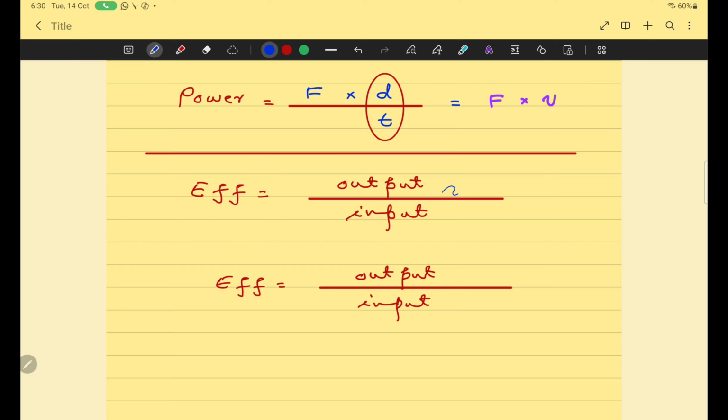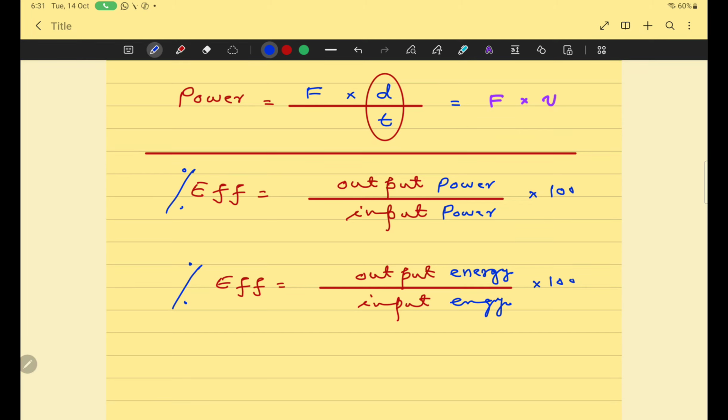Because sometimes we use output power divided by input power, and sometimes we use output energy divided by input energy. Sometimes we multiply by 100 to answer in percentage. It is your choice. It is not mandatory.